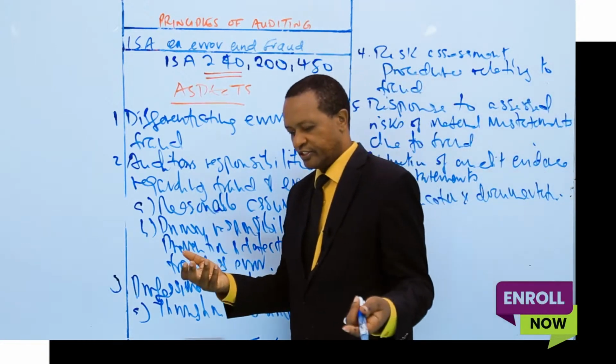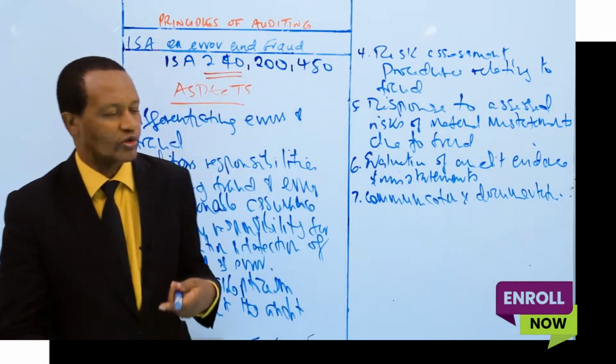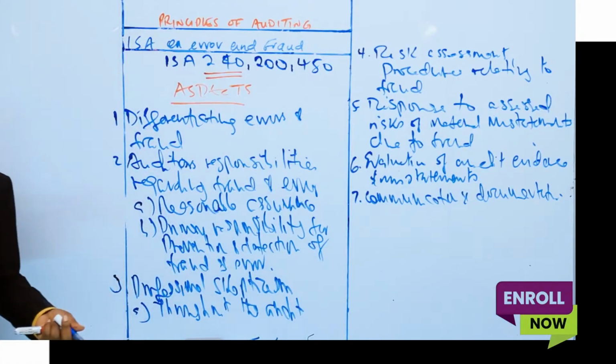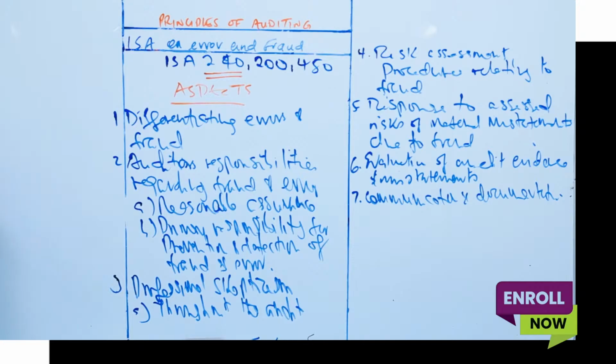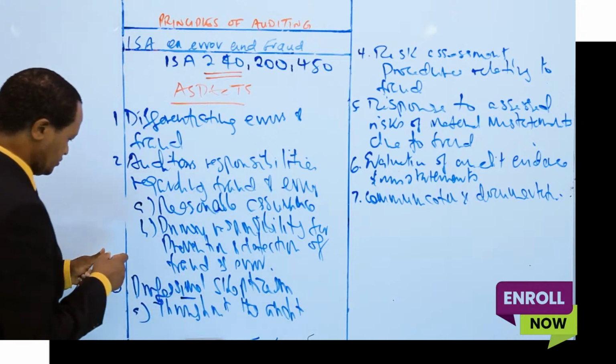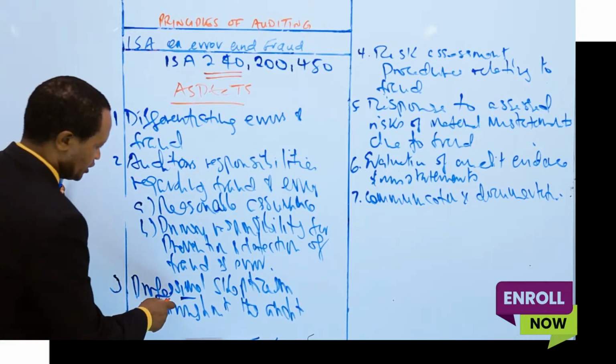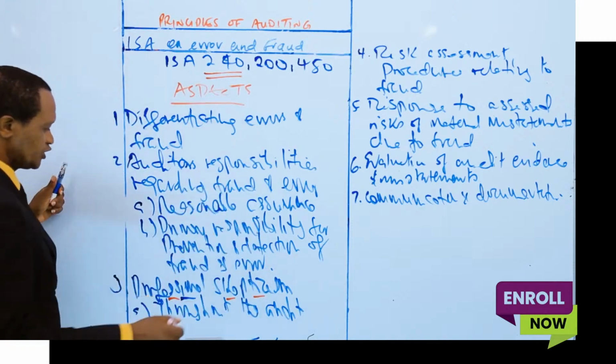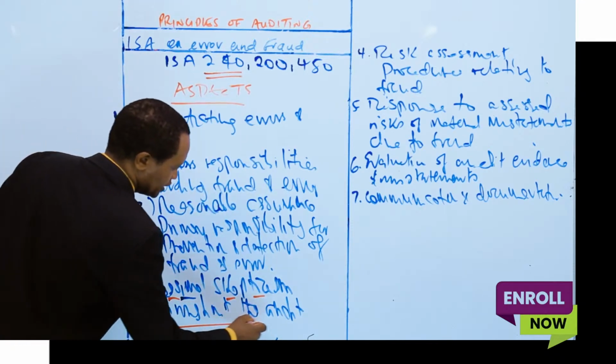And while recognizing that the primary responsibility lies with management and also those charged with governance, the ISA place significant responsibilities on the auditor to exercise professional skepticism. The auditor is required to do what? To exercise professional skepticism throughout the audit.